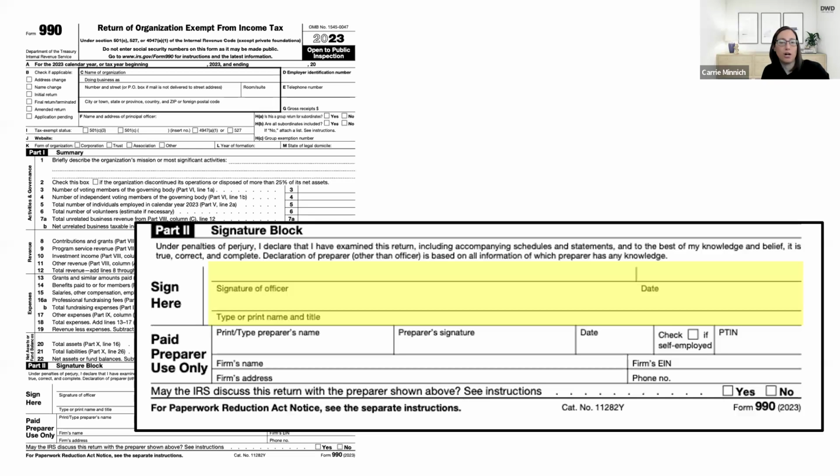Basically, it's an officer of the organization. Normally, it's the executive director, board treasurer, or board chair. Just remember that it's that position as of the date the return is filed. They may not have been in that position during the year we're reporting on, but as of the date the return is filed, that's the individual's name that needs to go in there.